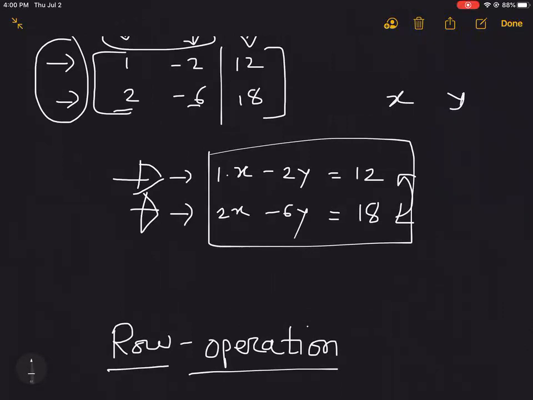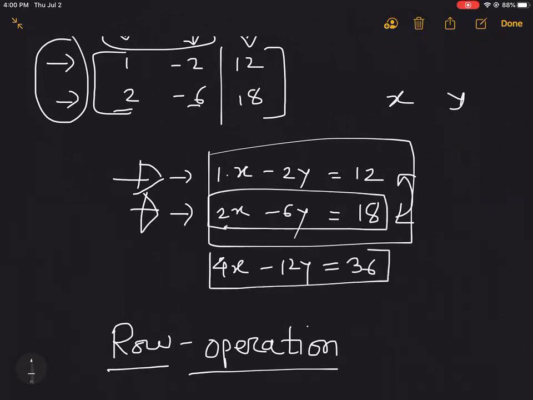Simply you can see that here: if I multiply this second row by 2, it will be 4x, 12y equals 36. If I just multiply this row by 2, your value is actually the same. If you solve it with this row, you'll still get the same result. So multiplying one row by something still keeps your value intact.